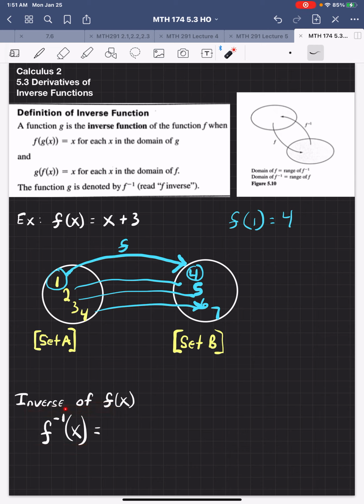You don't know how many students over the years I've had think that this is an exponent. They think that this is f raised to the power of -1. But no, this literally is the notation for the inverse of f.